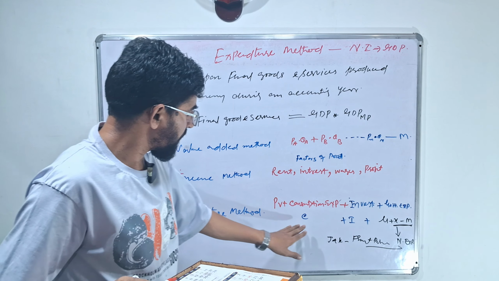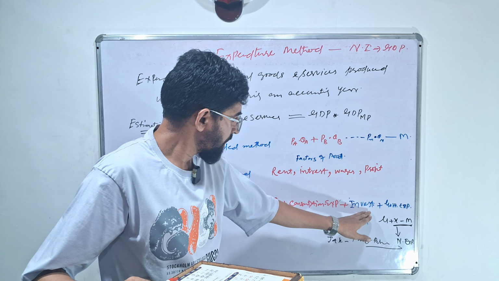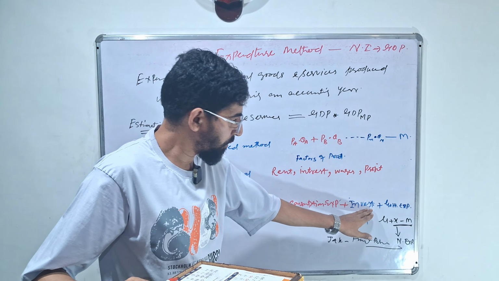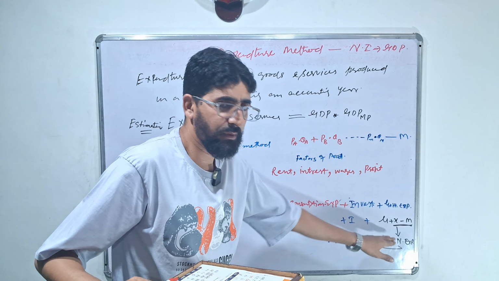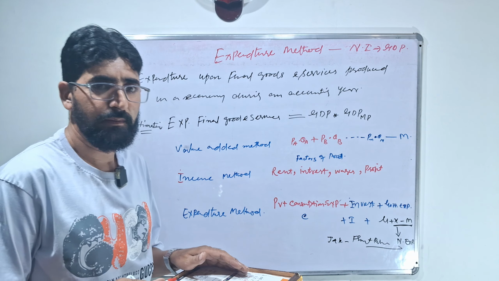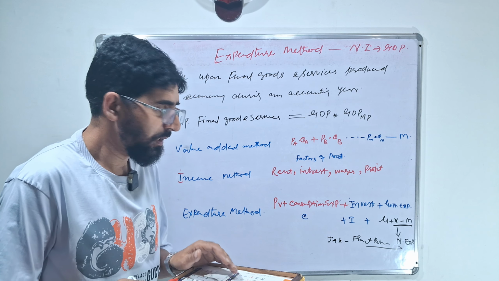When we now sum up private consumption expenditure, investment expenditure done by the producer, government expenditure plus net exports, we will get the estimation of income by way of the expenditure method.